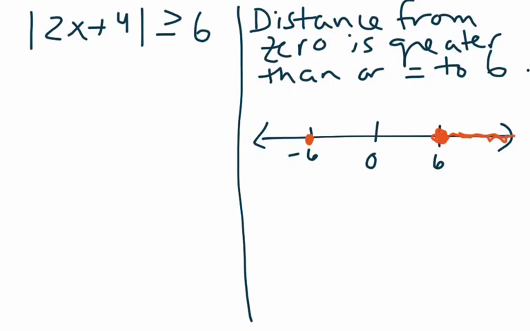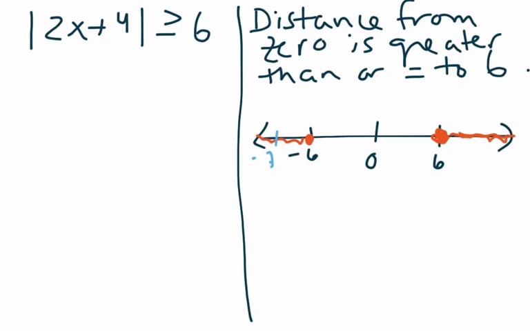And that is the sticking point on absolute value inequalities, is because when we're dealing with a number line, greater than always means to the right, unless we're talking about distance. In this case, the distance is actually becoming greater as I move further to the left. So if I were to pick, say, -7, even though -7 is less than -6, take a second, make sure that makes sense to you.